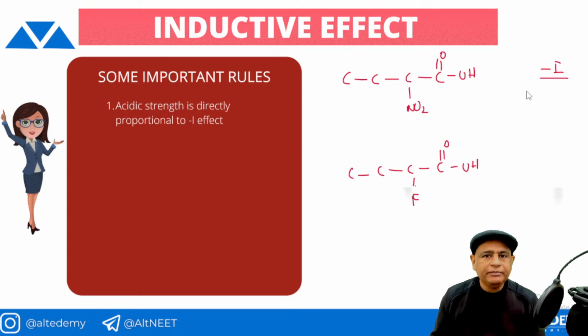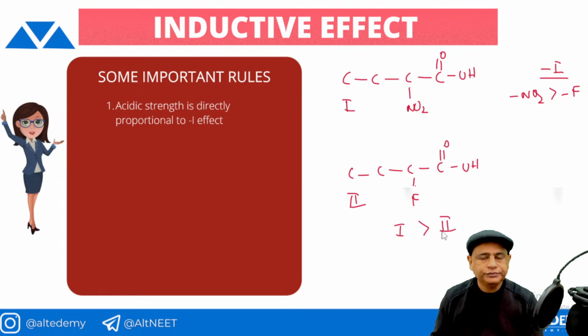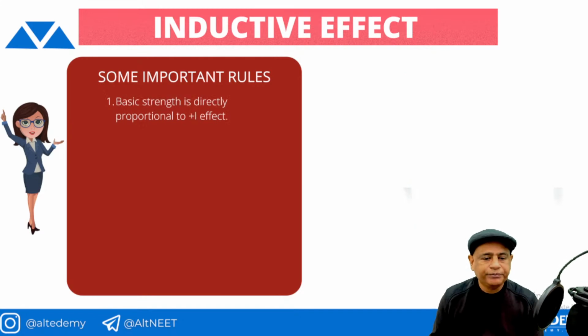Minus I effect of NO2 is greater than minus I effect of F. So if you are asked which of the two is more acidic, easily you can say one is more acidic than 2. So acidic strength is analyzed with the help of minus I. Minus I always increases the acidity.